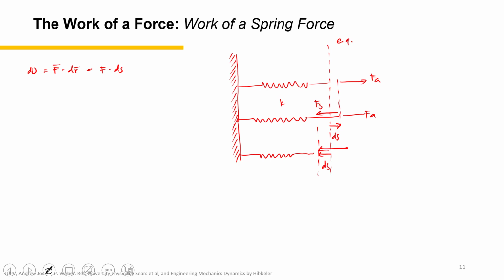Since you apply some force, the resistance of the spring force is again opposite to the applied force and also opposite to the displacement. So what we can notice here is that the spring force is always opposite to its displacement. Therefore, the resulting equation for the spring force alone is Fs = negative Ks.